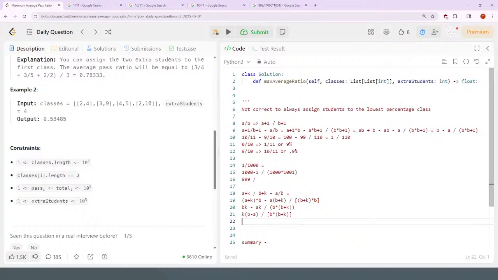So if you increase by more than 1, like increase by 5 or 10 into the class, then the increase in the percentage is going to be that formula.